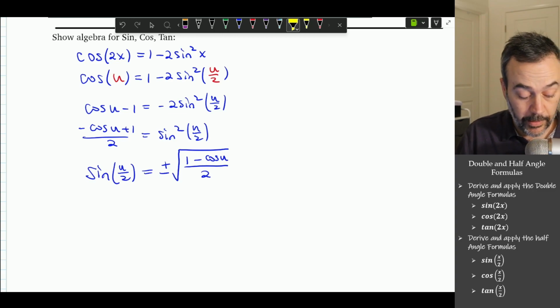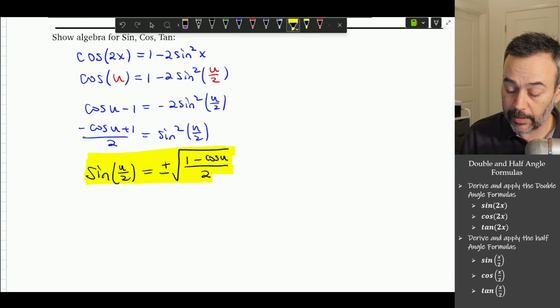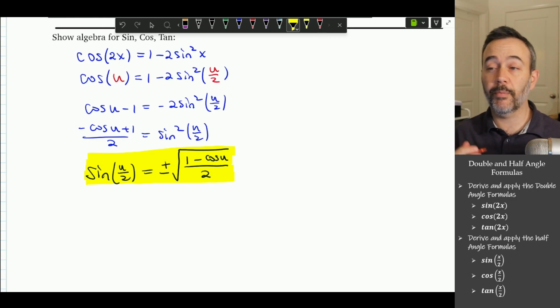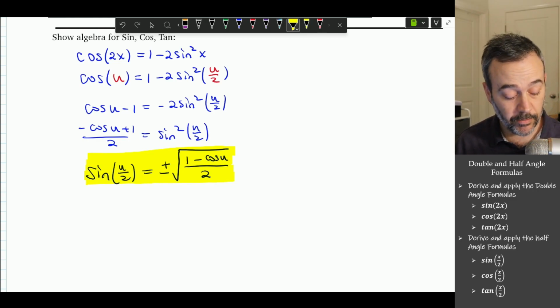That's it. That's the identity that's in the box. You will see that sometimes these are written with any variable. Instead of u, I could put theta, or x or t or whatever.